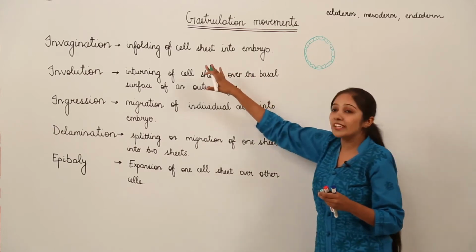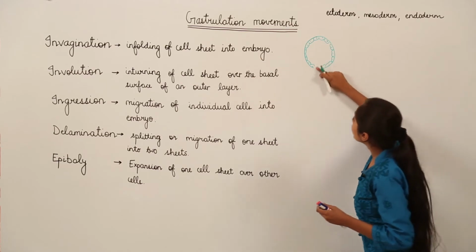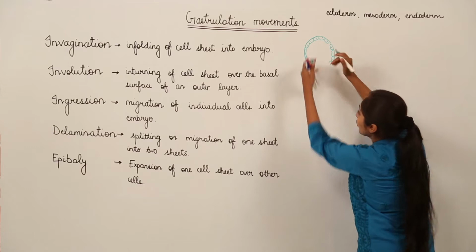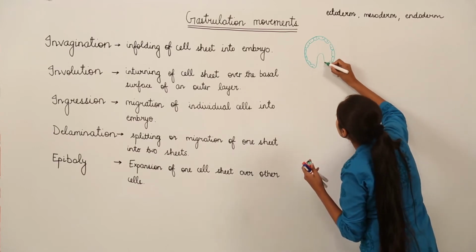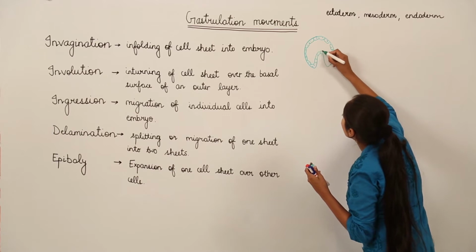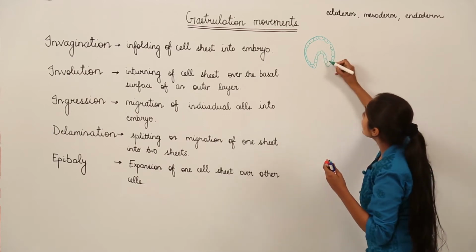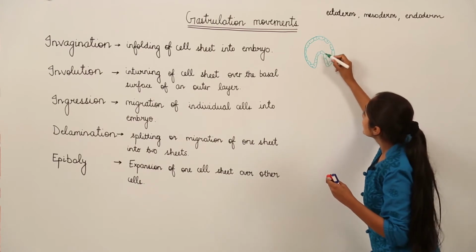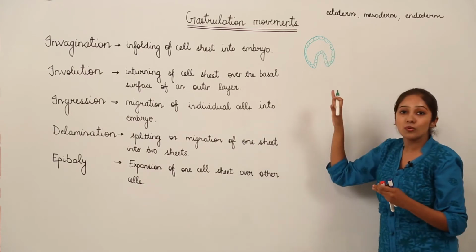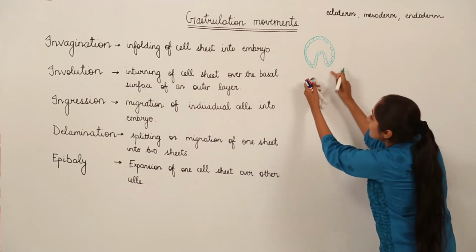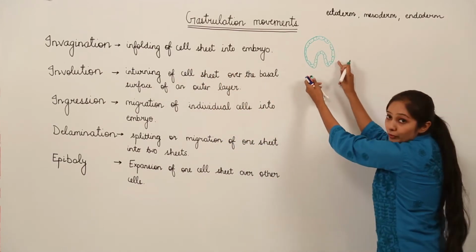What will be the enfolding of cell sheet into the embryo? These cells are going to enfold into this embryo, in such a way. So we'll show the cells now like this, and there will be an enfolding of cell sheet into the embryo, as you can see. So this type of movement is known as invagination, in which there is enfolding of the cell sheet into this embryo.